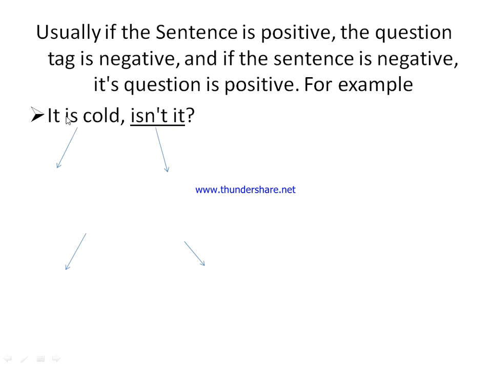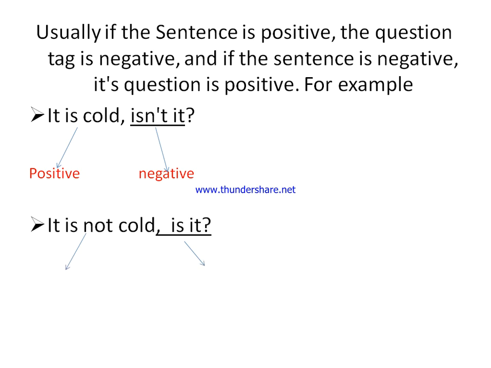So here you can see the auxiliary verb is, and the subject pronoun it. So we use them to form a question tag here. If the statement is positive like this, the question tag is supposed to be negative. Negative, that means we introduce not here. So it is cold, isn't it? That sentence is positive and the question tag now becomes negative.